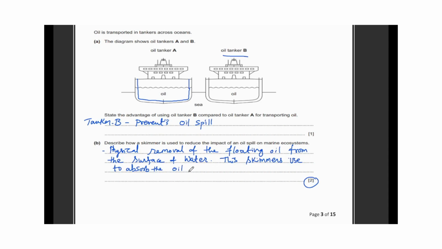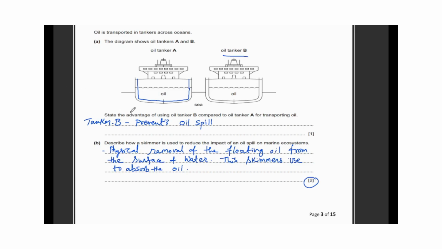Now how are skimmers used? First one, they physically remove the floating oil from the surface, and skimmers are also used to absorb the oil. They use absorbent material, or removal by skimming the surface. Okay, these are the 2 points here.